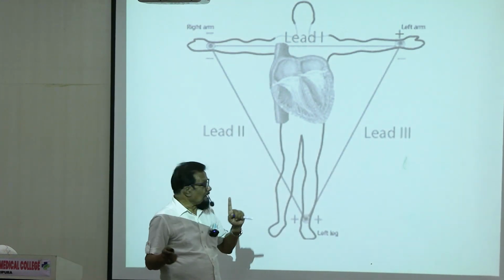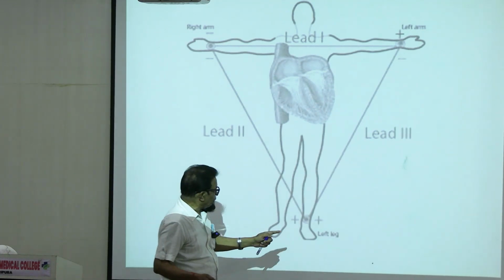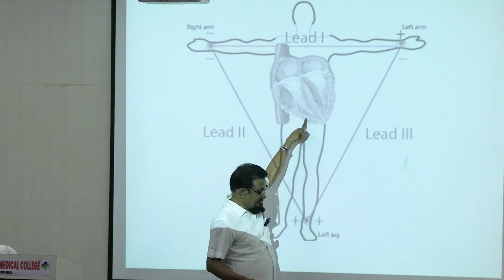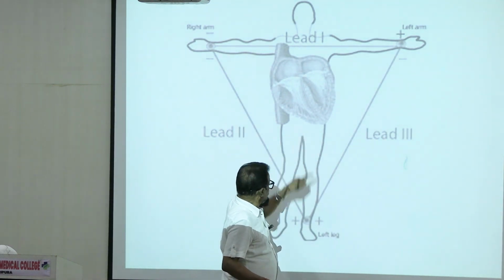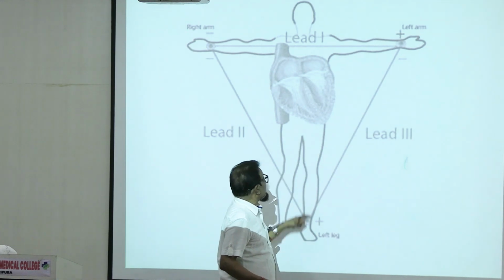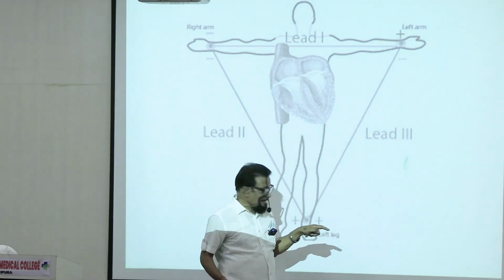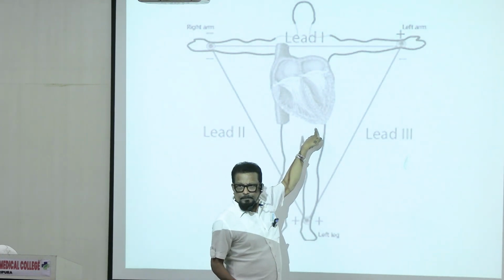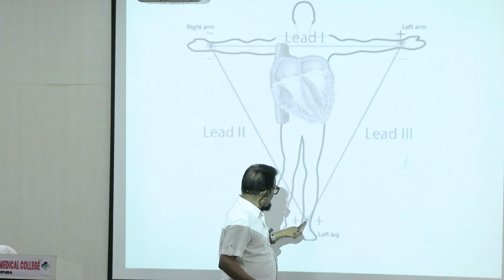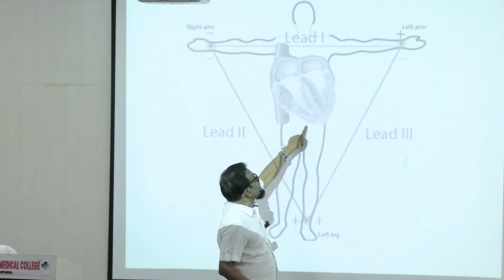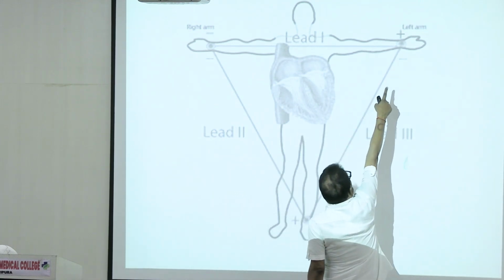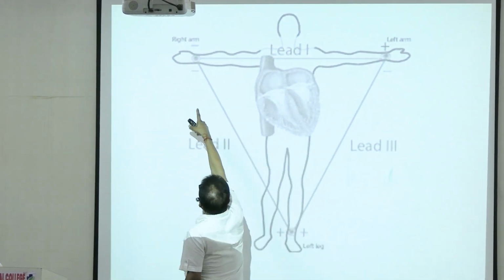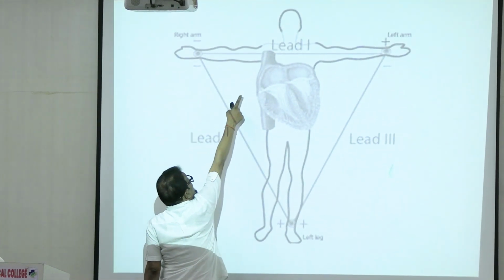But for drawing the Einthoven triangle, what do we do? We shift this point to here. It is the same, because they are electrically connected, and loss of current, loss of voltage will be very, very minimal. So we can shift this point to here. Similarly, we can shift that point to here at the root of the limb, and we can also shift this to the root of this limb to here.